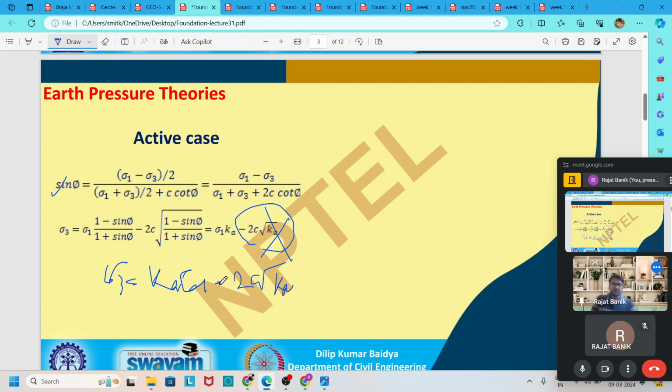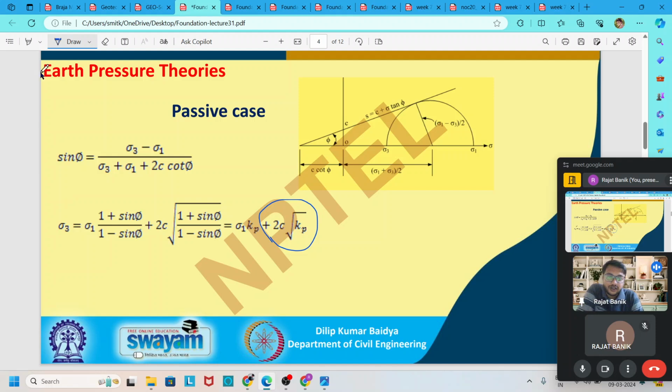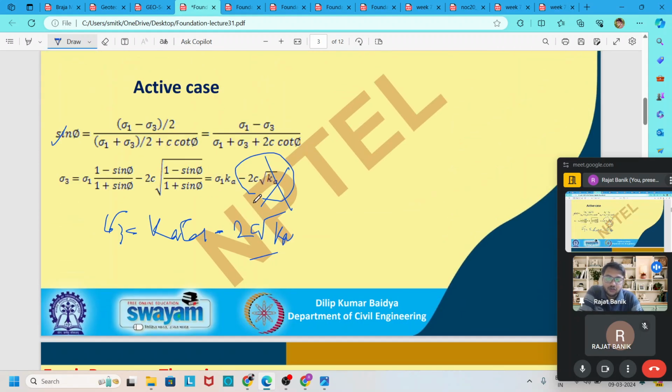But in the passive case, it is additive in nature and increases the passive earth pressure if cohesion is present. So in the passive case the pressure is increased if cohesion is present, but in the active case the pressure is reduced if cohesion is present.